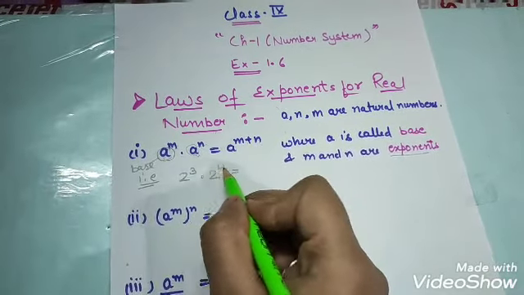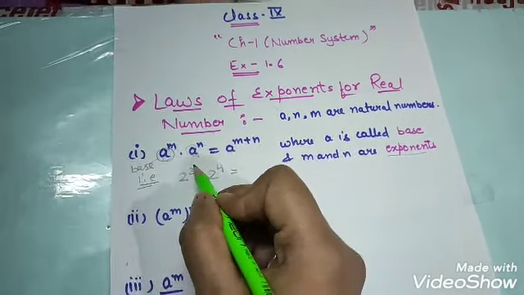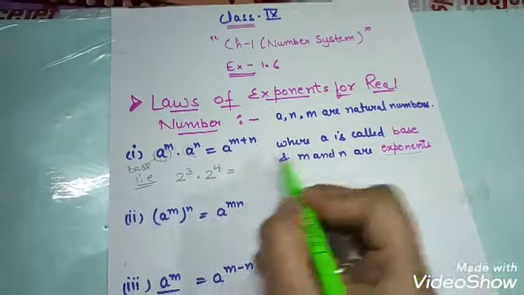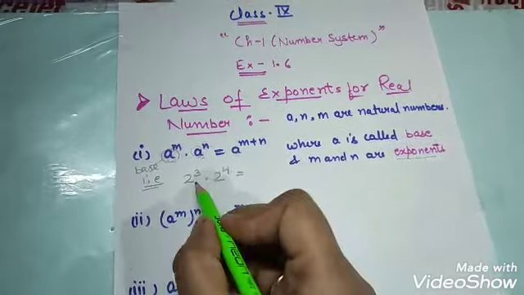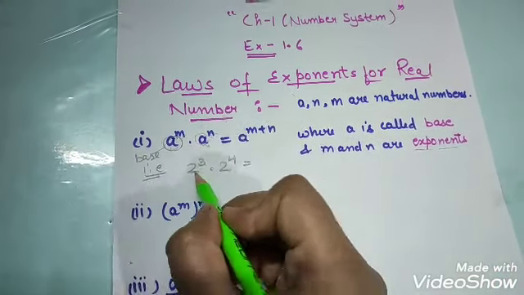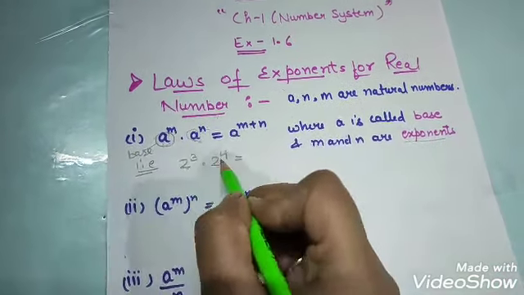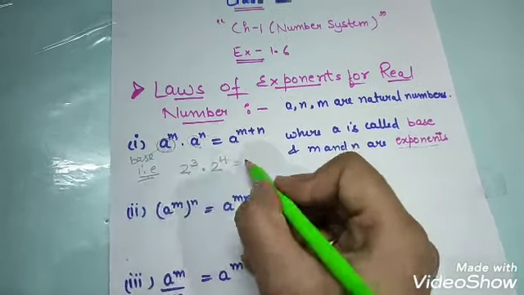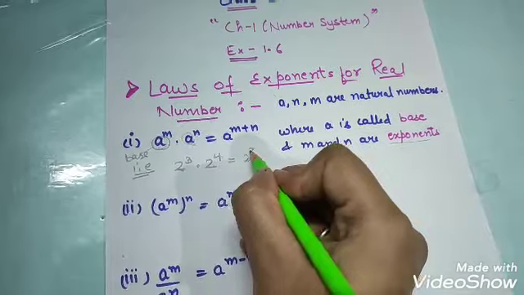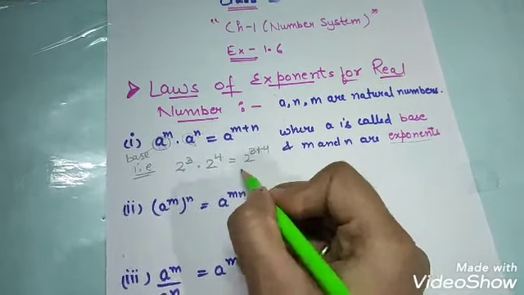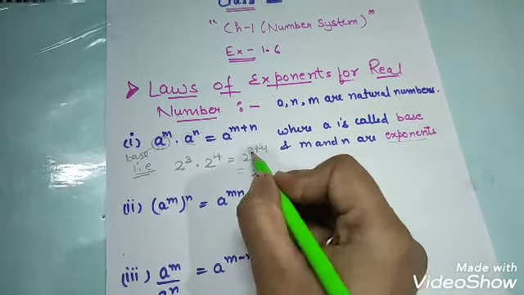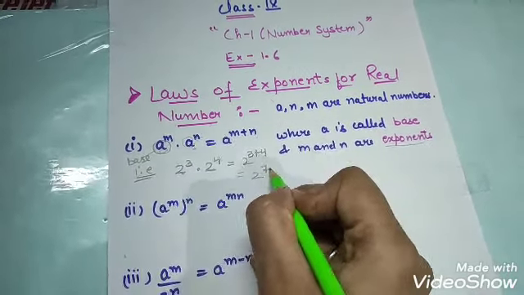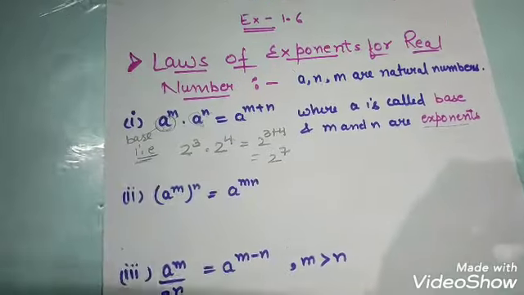Here 3 and 4 are called exponents, and 2 is called the base. Both the bases are the same, so the powers get added. That means 2 to the power 3 plus 4, and 3 plus 4 is 7, so it becomes 2 to the power 7.